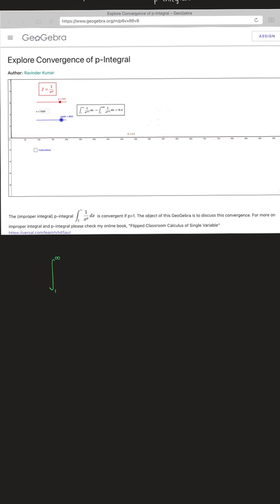The integral from 1 to infinity of 1 over x to the p dx. And we've seen that when p equals 1, we have divergence. We already showed that in our second example above. But with this applet, we've seen that when p is greater than 1, we have convergence. That means that the area between the function and the x-axis is approaching a single finite number.